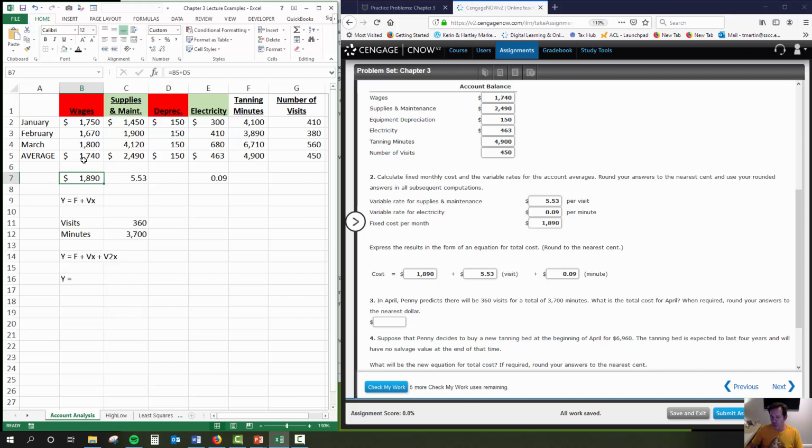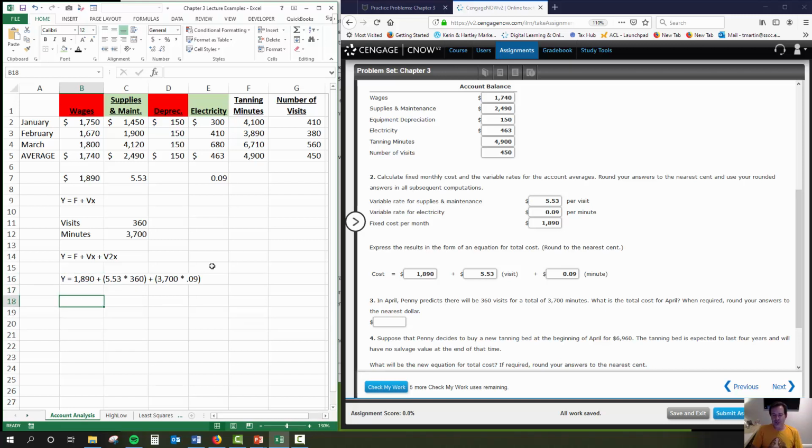Remember, we took the wages and depreciation and added them together. So Y equals $1,890 plus $5.53 per visit multiplied by 360 visits plus that second variable, 3,700 times 9 cents a minute.